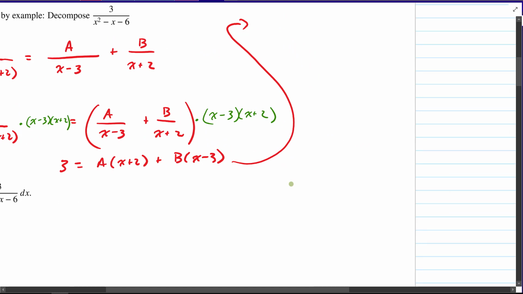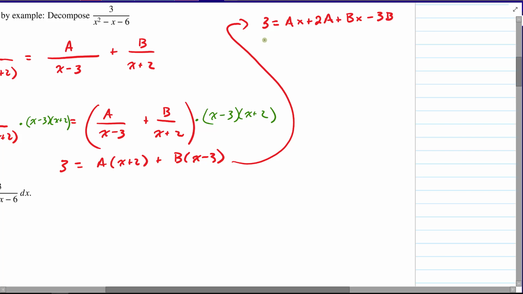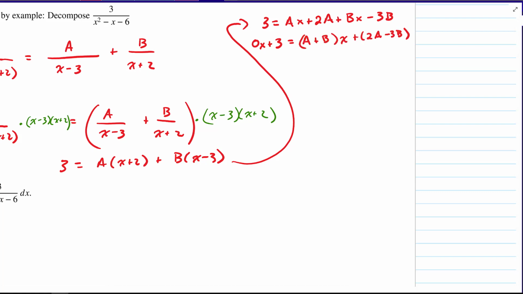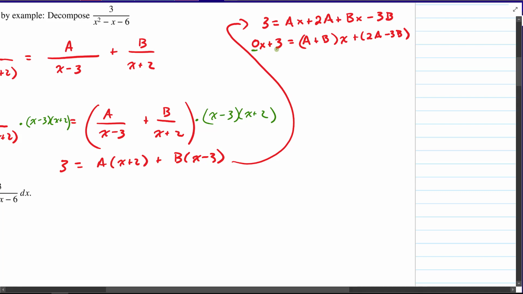So I'm going to go ahead and distribute. Now what I'm going to do is collect together the terms by their powers of x on both the left and right hand side. So first of all, I'm going to rewrite the left hand side as 0x plus 3, and on the right hand side I'm going to collect the x terms and then the non-x terms. So from here I'm going to make that positioning argument that I mentioned. I'm going to equate the coefficient of x over here with the coefficient of x on this side.